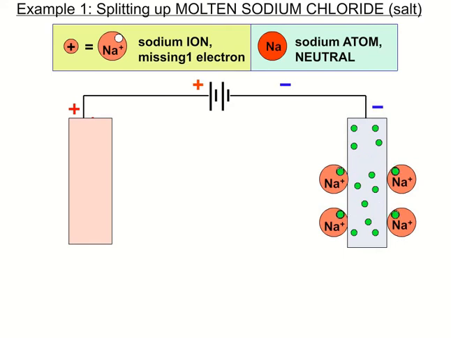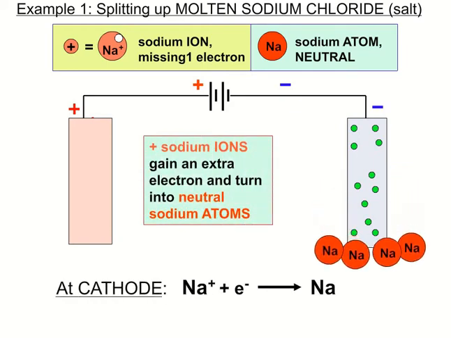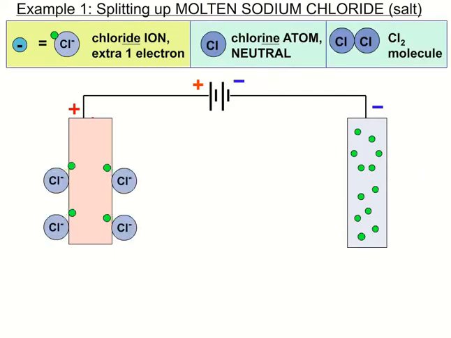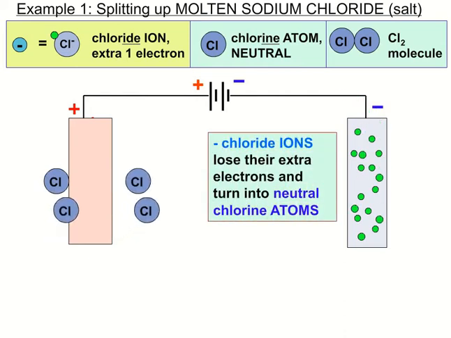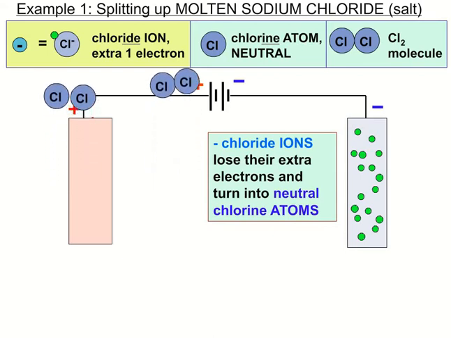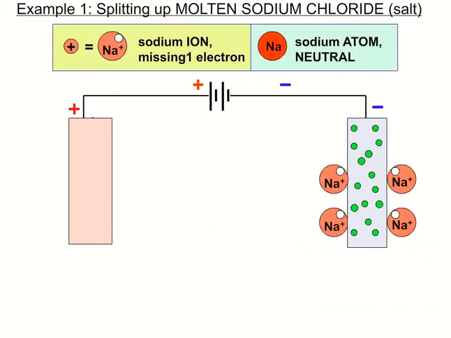Sodium metal is deposited at the cathode. See how chlorine gas is liberated at the anode, and neutral sodium metal is deposited at the cathode.